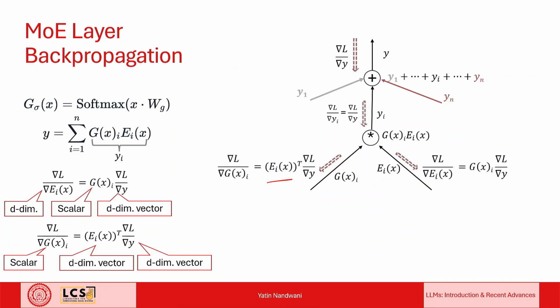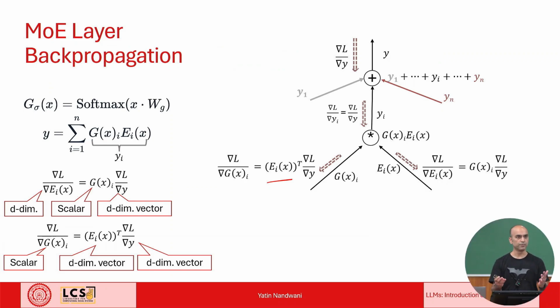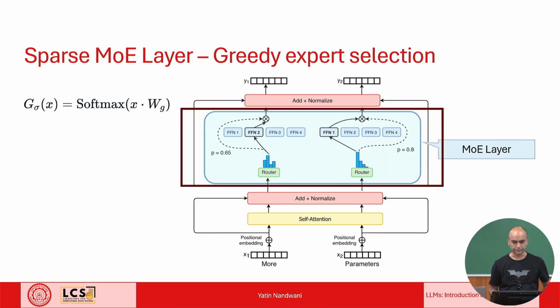This is the case when we have a dense MoE where all the experts are active. Now, to introduce sparsity, we have to greedily select an expert. What Switch Transformer does is that instead of selecting all the experts, it does an argmax. It takes the expert to which the maximum probability is assigned. We are calling it I star, and the output is nothing but the maximum probability times the output of that specific expert.